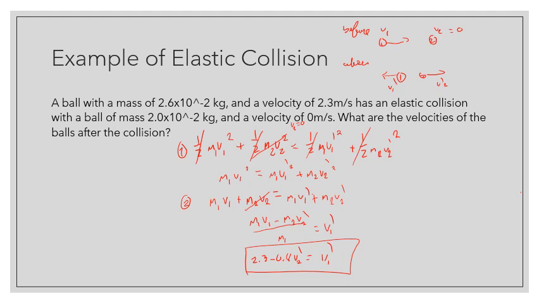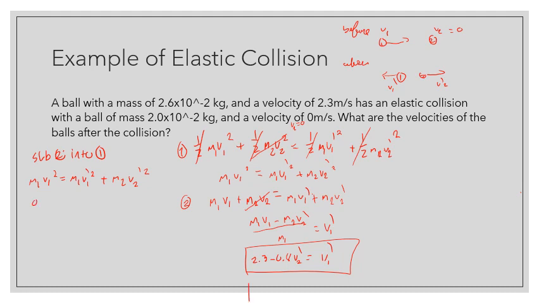Now we can sub 2 into 1. So m1v1 squared is equal to m1 times v1 prime squared plus m2v2 prime squared, and we're trying to solve for v2 prime.